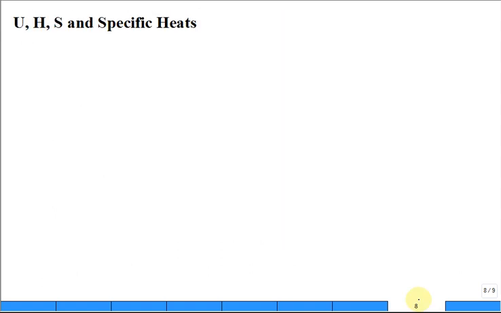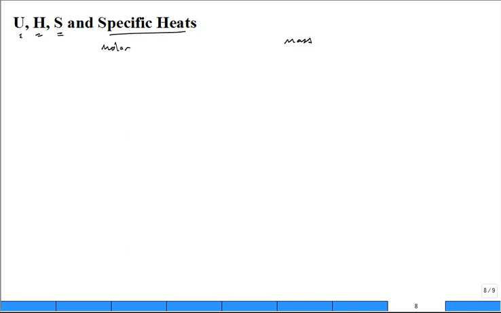Now we want to calculate the internal energy, the enthalpy, the entropy, and the specific heats for ideal gas mixtures. You can have the same molar approach or the same mass approach as what we did before.